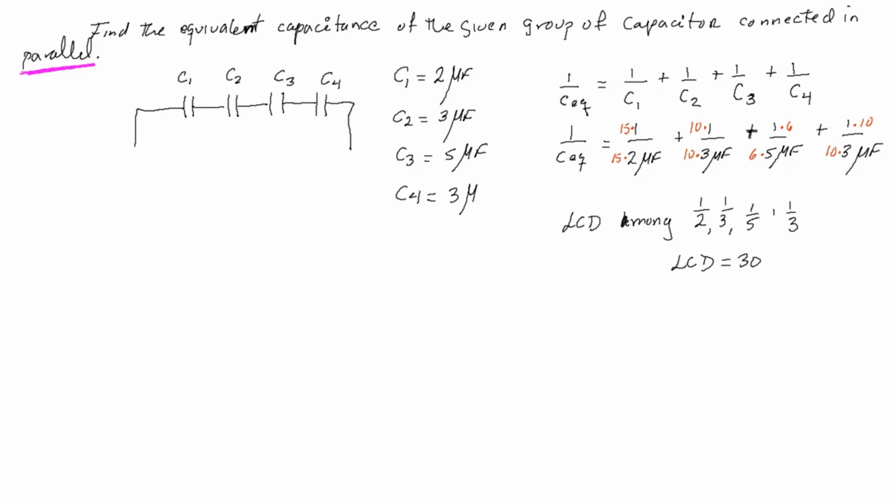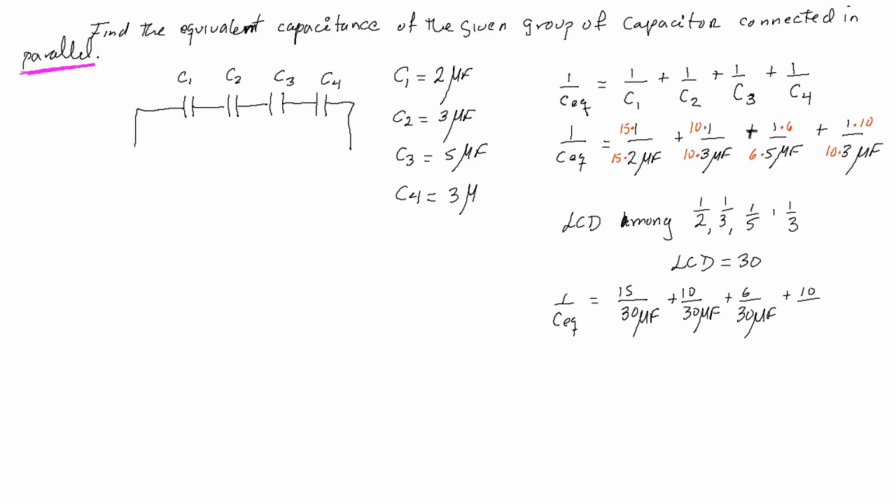So now 1 over the equivalent capacitance is 15 over 30 microfarads plus 10 over 30 microfarads plus 6 over 30 microfarads plus 10 over 30 microfarads.